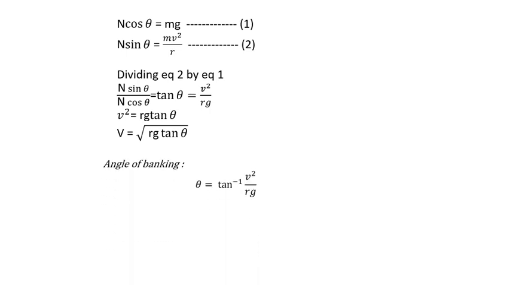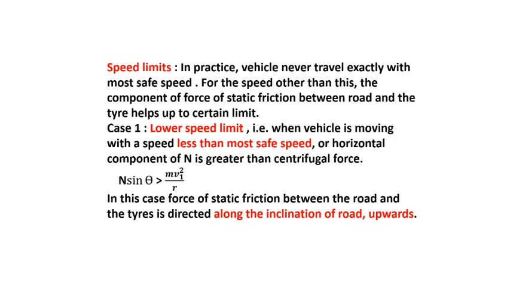So v is equal to root of rg tan theta, that is the most safe speed. Angle of banking, theta, is equal to tan inverse of v square upon rg. These are two important formulas. We need these while solving numericals. Now, speed limits. Let us see what exactly speed limits means.